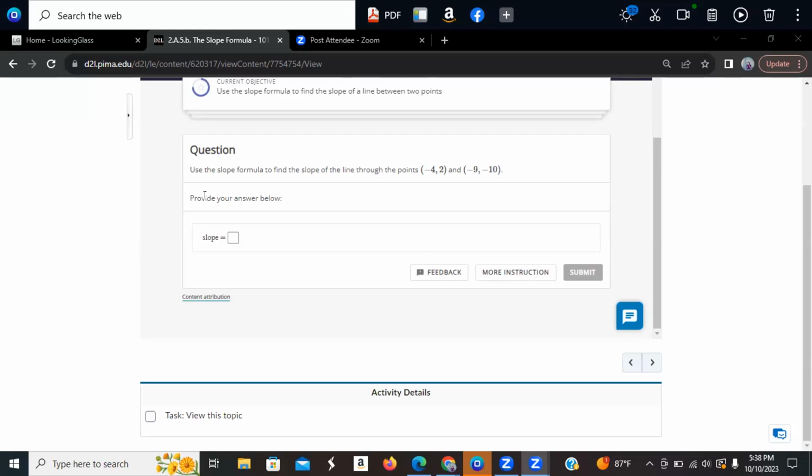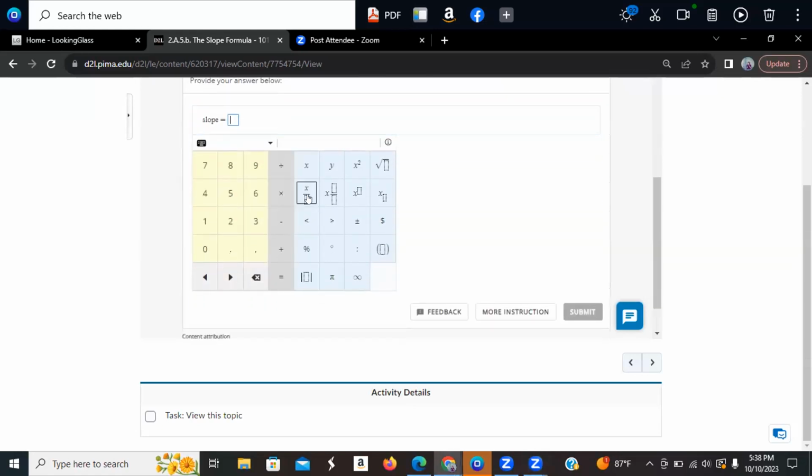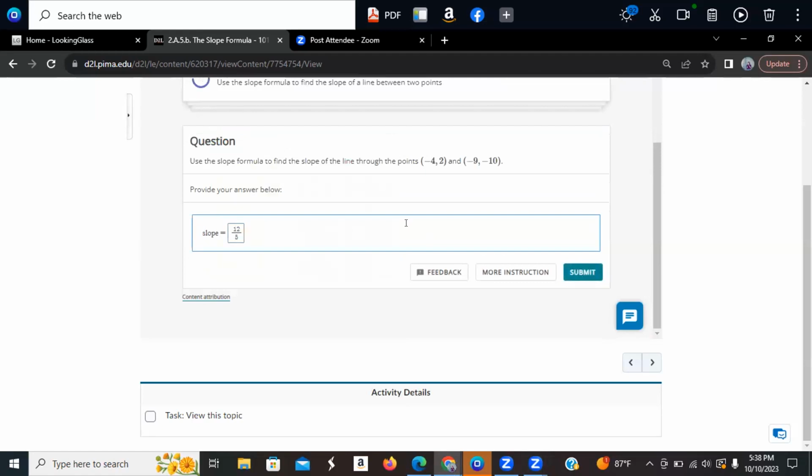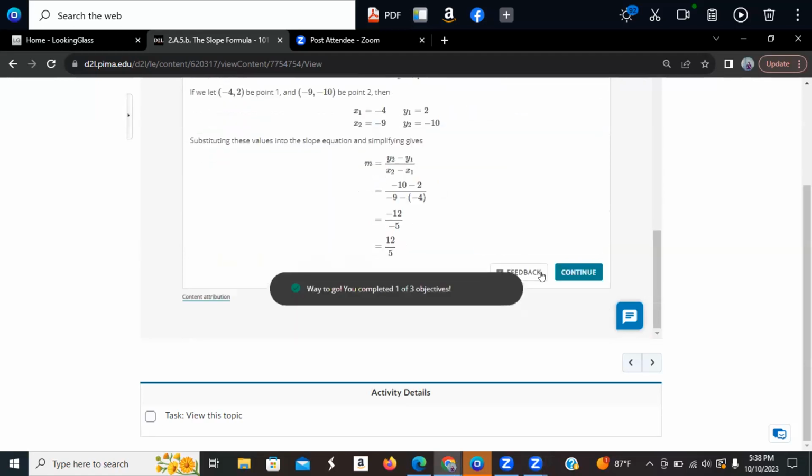That is correct. And then what happens to the signs? Oh, they cancel. So it'd be +12/5. Yes. Very good.